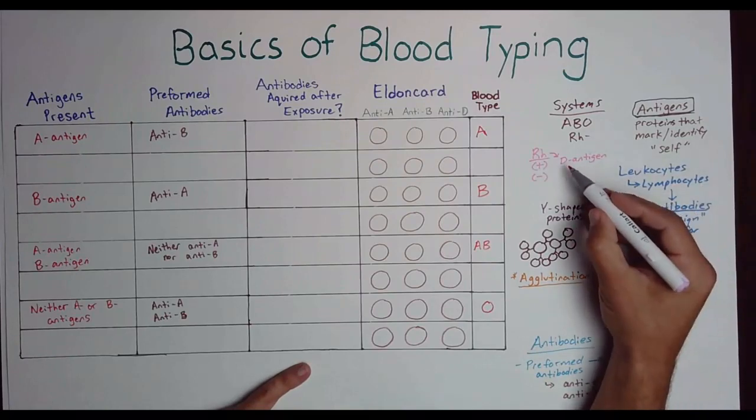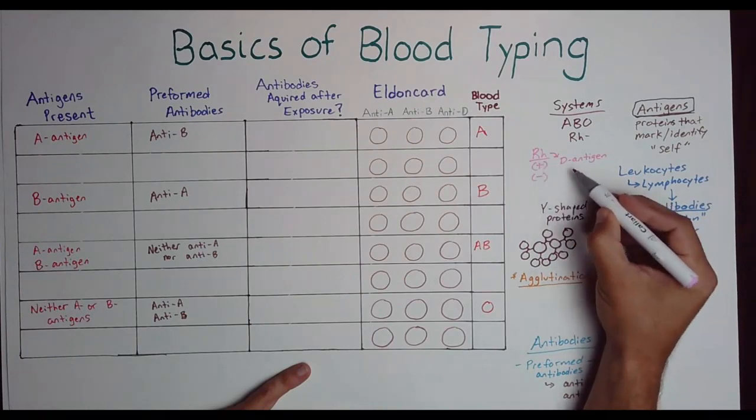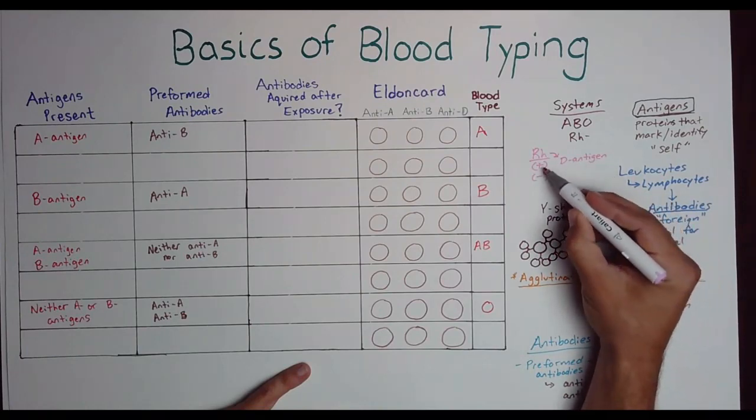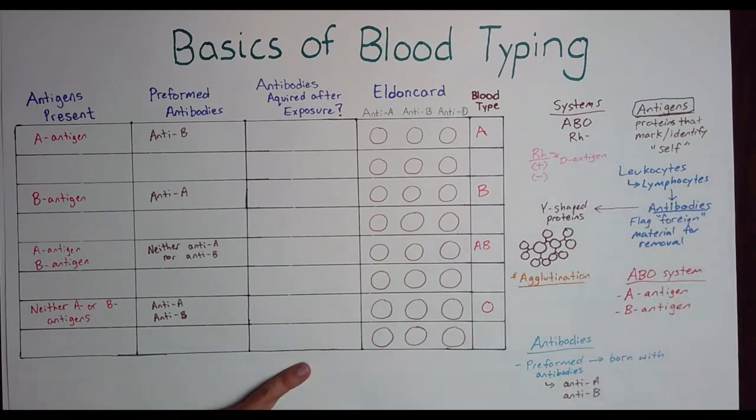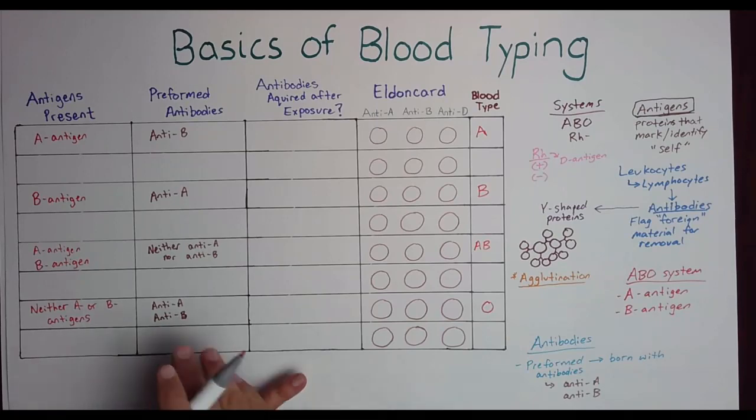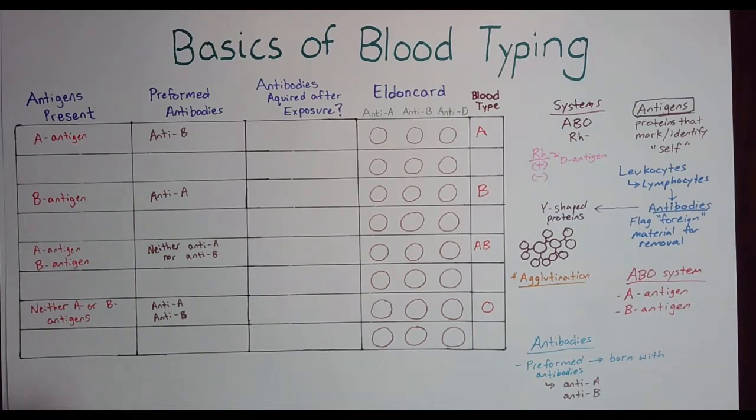So in other words, if somebody is an RH plus, then they have the D antigen. And if somebody is an RH minus, they do not have the D antigen. So what we're going to do over here is we're actually going to add another group of people.